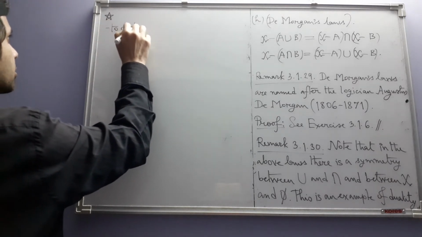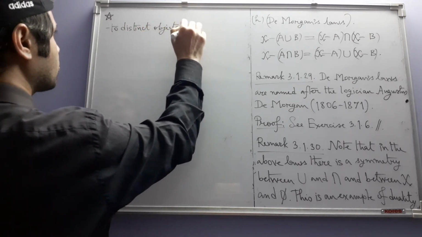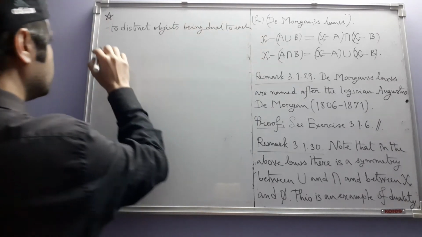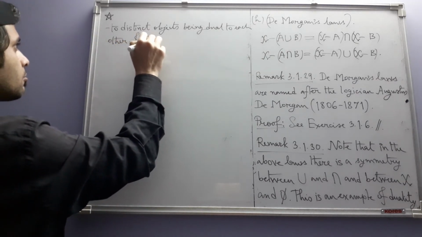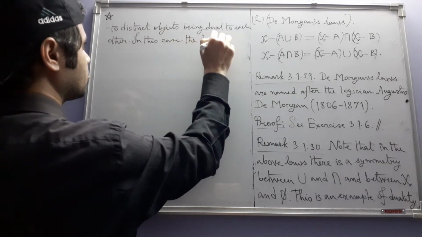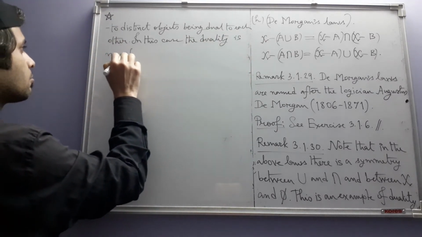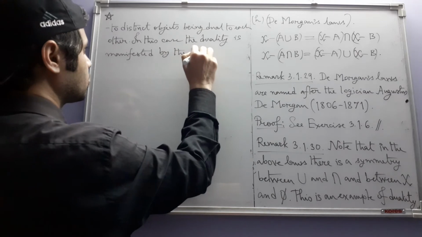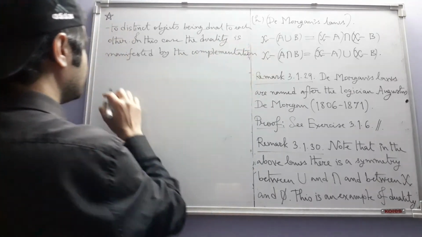Two distinct objects being dual to each other. In this case, the duality is manifested by the complementation operation.